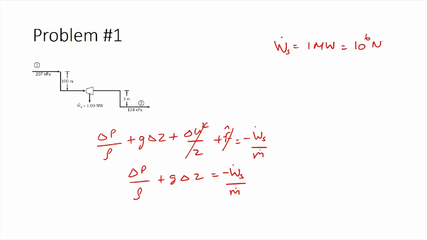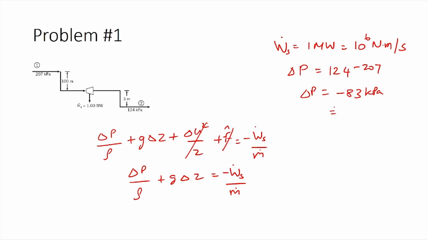Newton meter per second, and we have been told that the pressures are given for point 1 and point 2. So delta P would be final pressure minus initial pressure, which is 124 minus 207, giving a value of delta P as minus 83 kilopascals.